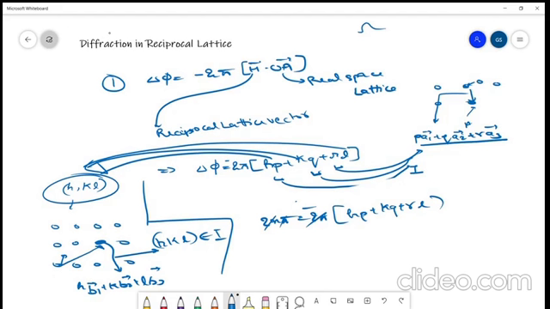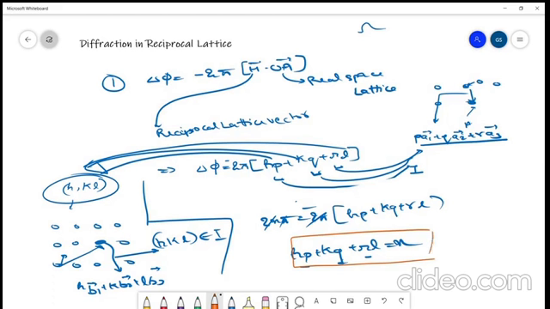So what we found is that h times p plus k times q plus r times l is actually an integer. We already know that p, q and r were integers already, because that was a valid real space lattice vector, but we were not sure about HKL. But now what is the conclusion?